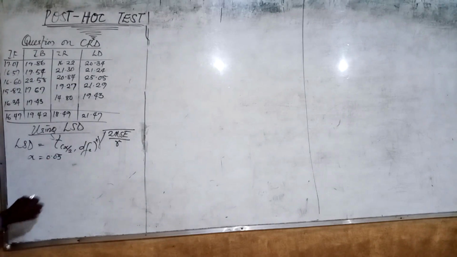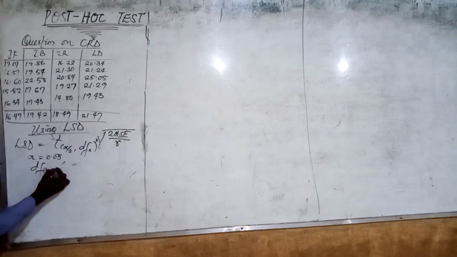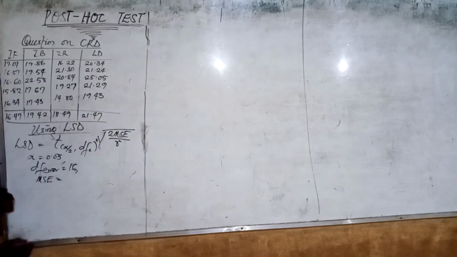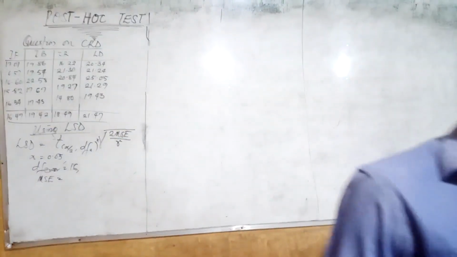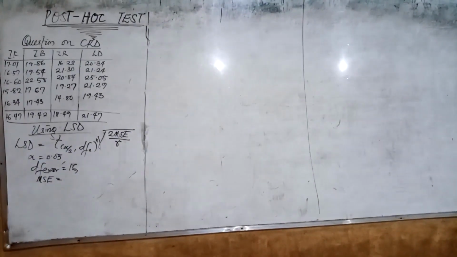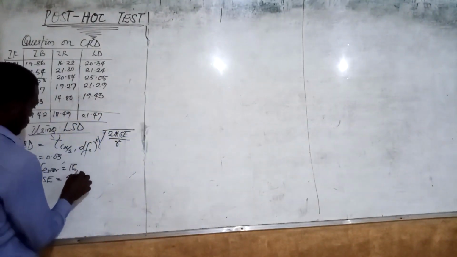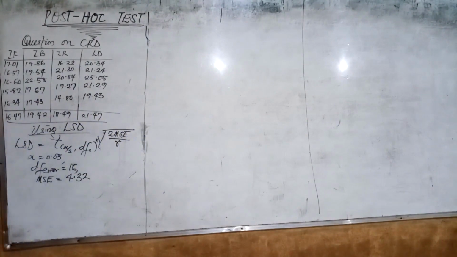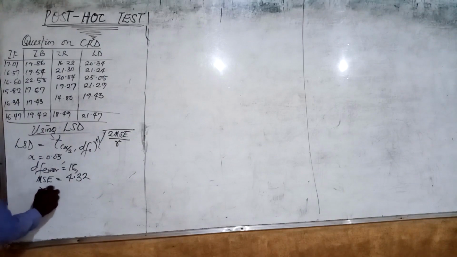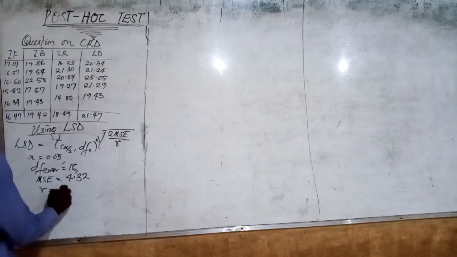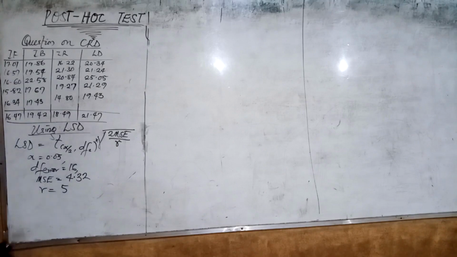Our df error, if you remember from that question, was 16, and our MS error was calculated to be 4.32. We have 5 replicates.